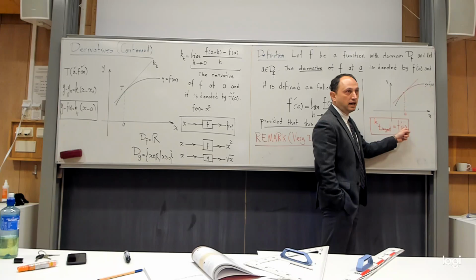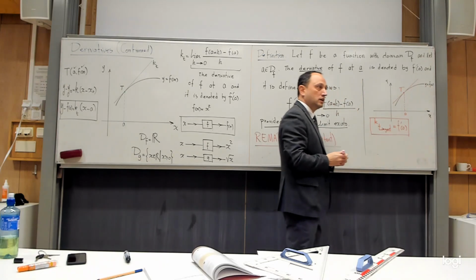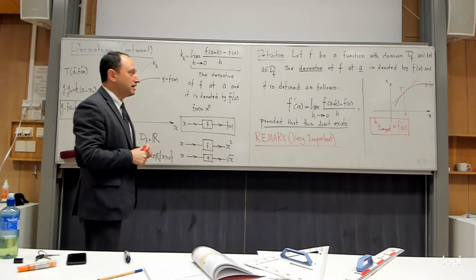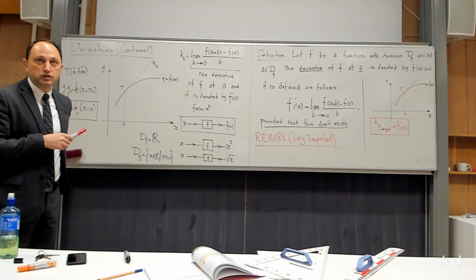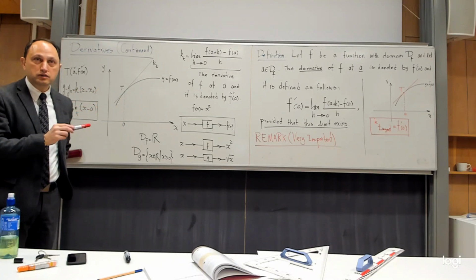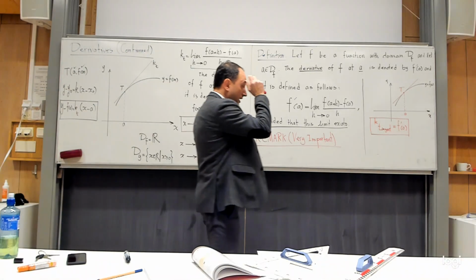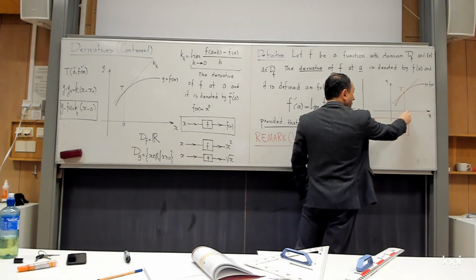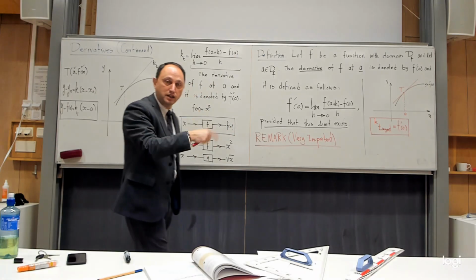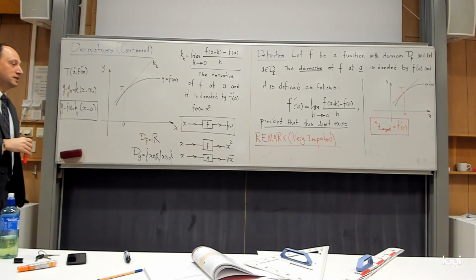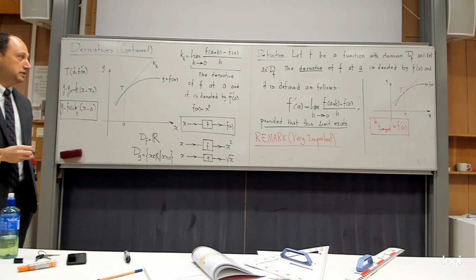What is a? a is the x coordinate of the point of tangency T. So if you want to find the k value for a tangent line, which is tangent to the graph at some point, you have to calculate the derivative of that function at the number which represents the x coordinate of the point of tangency. So be careful about that. Try to repeat this for yourself so that it goes to your brain. It's very easy, but I want you to learn it.